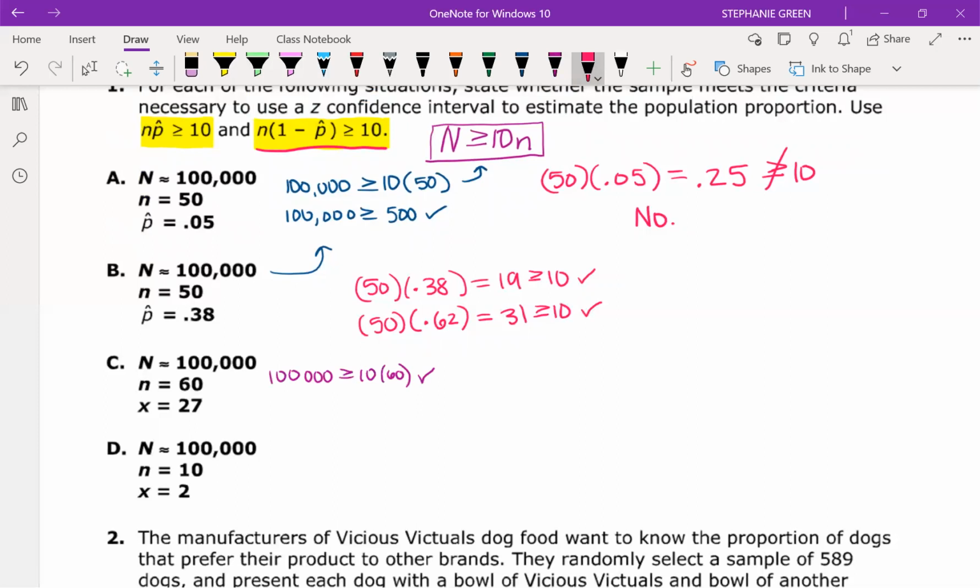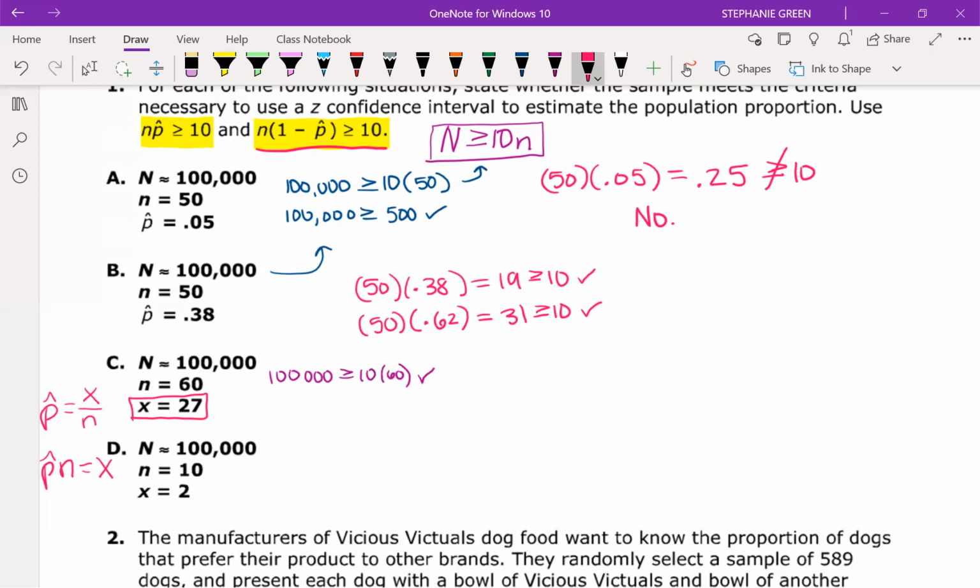Instead of giving us p hat, they give us this x. Remember here, p hat is equal to x, the number of successes, over n, our sample size. So when we're asked to find p hat times n, or n p hat, that actually gets us back to x, the number of successes.